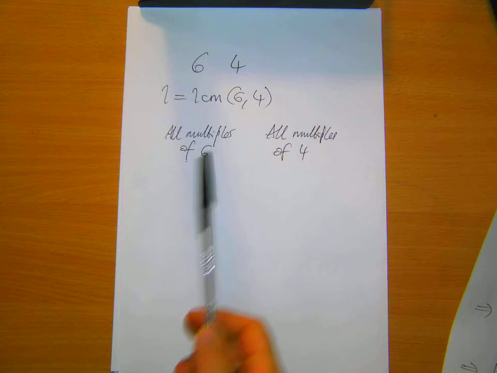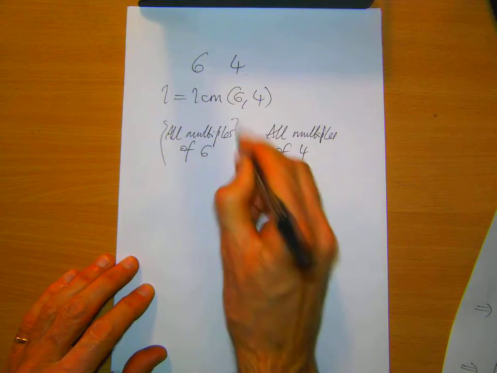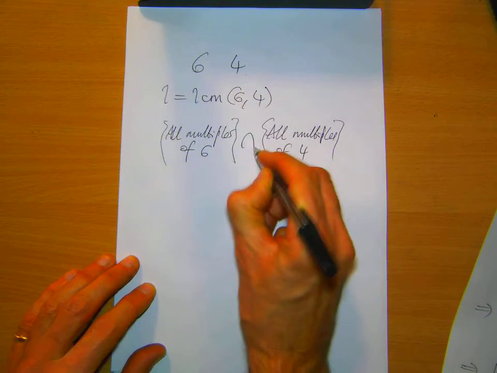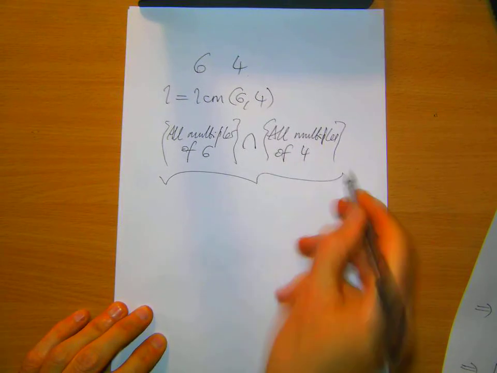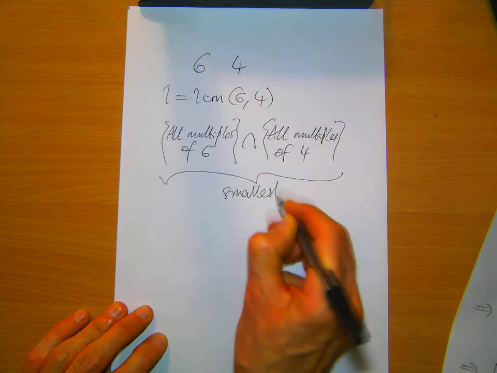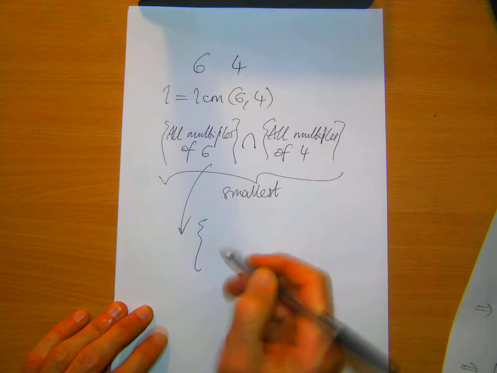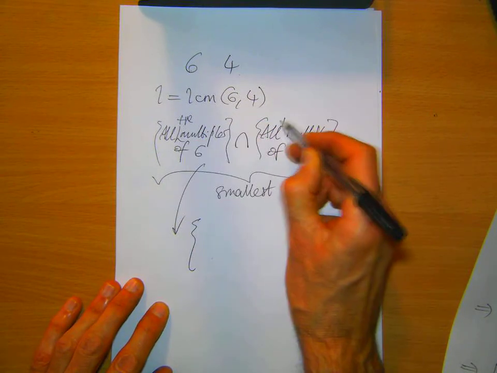What we want is a multiple of both 6 and 4. So in fact we look at the intersection of these two sets, because that'll be all the common multiples of 6 and of 4, and then we want the smallest element here. Sorry, I should have said all positive multiples.